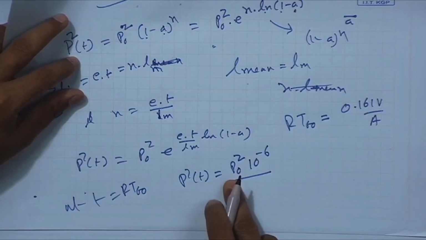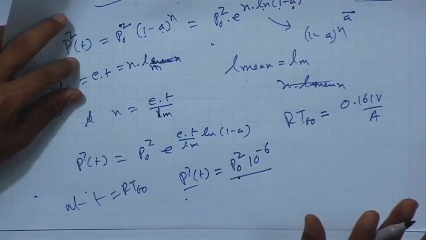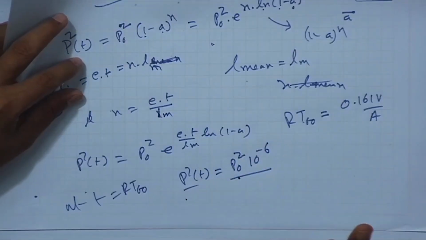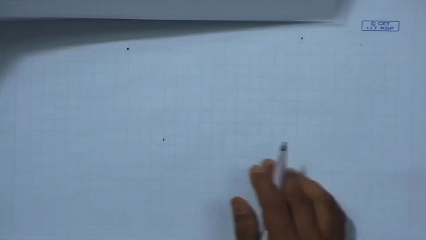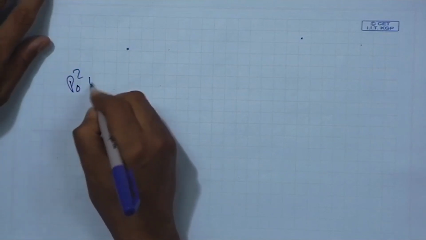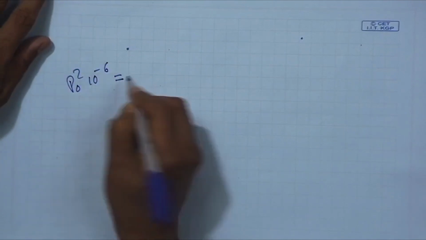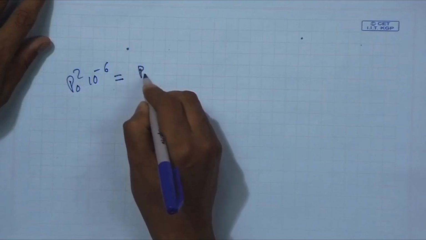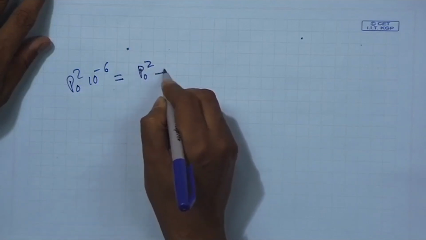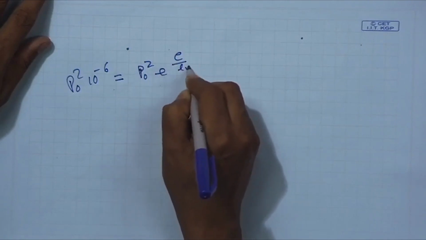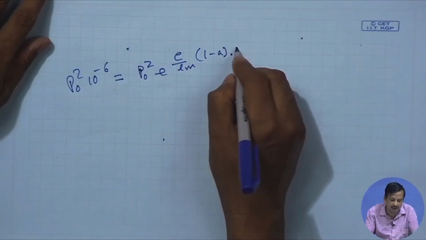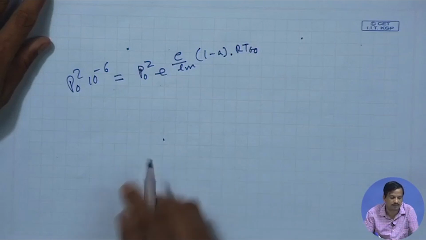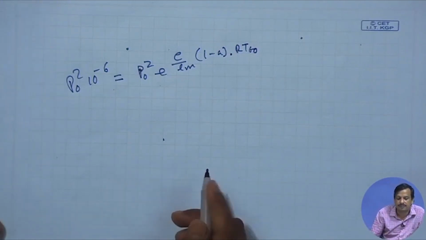If P 0 is the initial, rho c will be here and rho c will be here, so I do not consider rho c. So, P 0 square into 10 to the power minus 6 is equal to P 0 square e to the power c by lm into 1 minus a into t, where t is RT60.